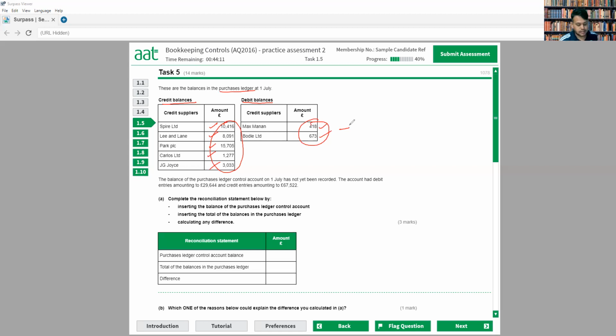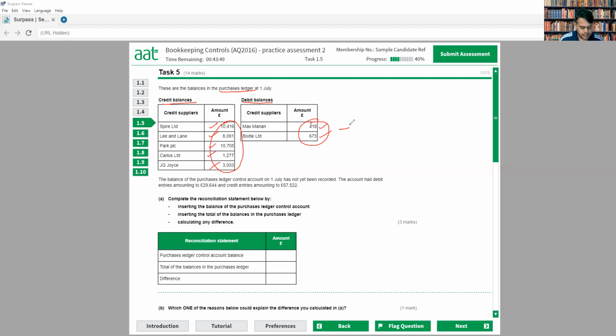So let's do that. Add all the credit balances: 10,416 plus 8,091 plus 15,705, then plus 1,277 plus 3,033 minus 418 minus 673.